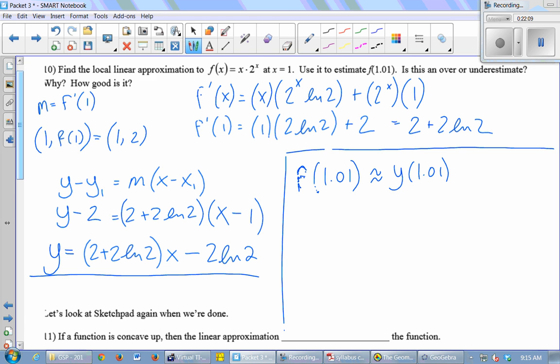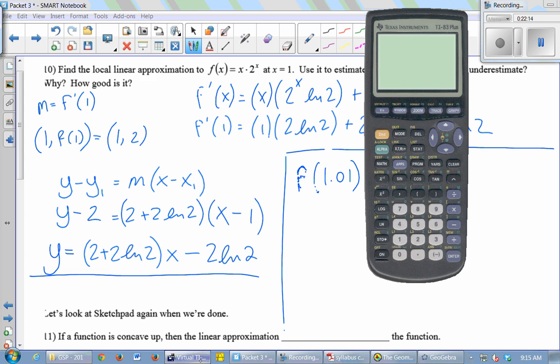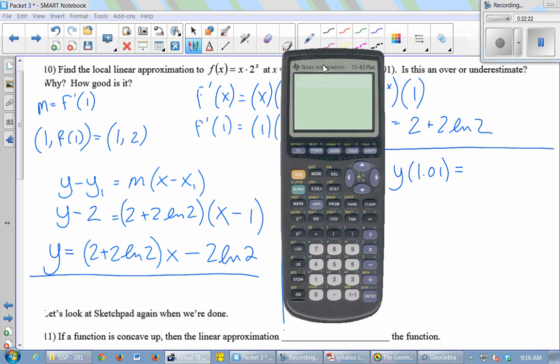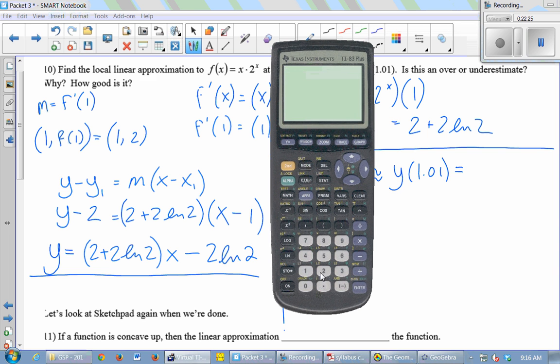All right, so if I plug 1.01 into my tangent line, I have 2 plus 2 ln 2 times 1.01 minus 2 ln 2. I should get that value first.